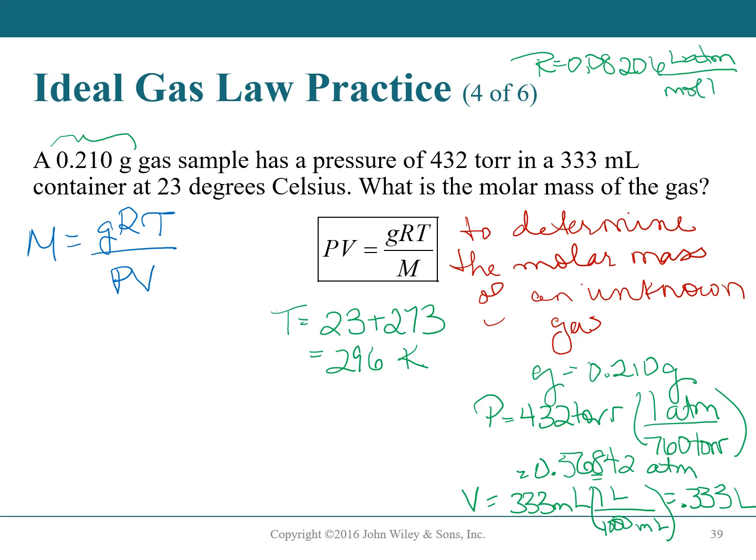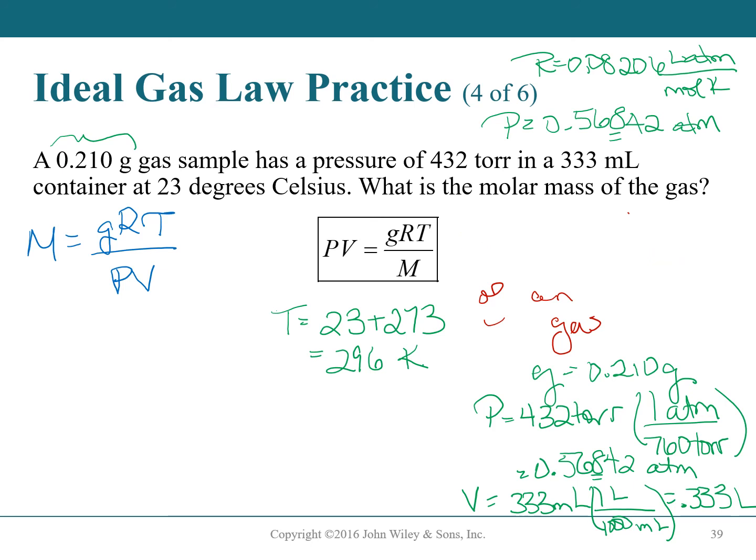And that's why we have to do all our conversions, because it's liters, atmospheres, Kelvin, and moles. So P now is equal to 0.56842 atmospheres. I'm just rewriting it to give me space to do the calculation.